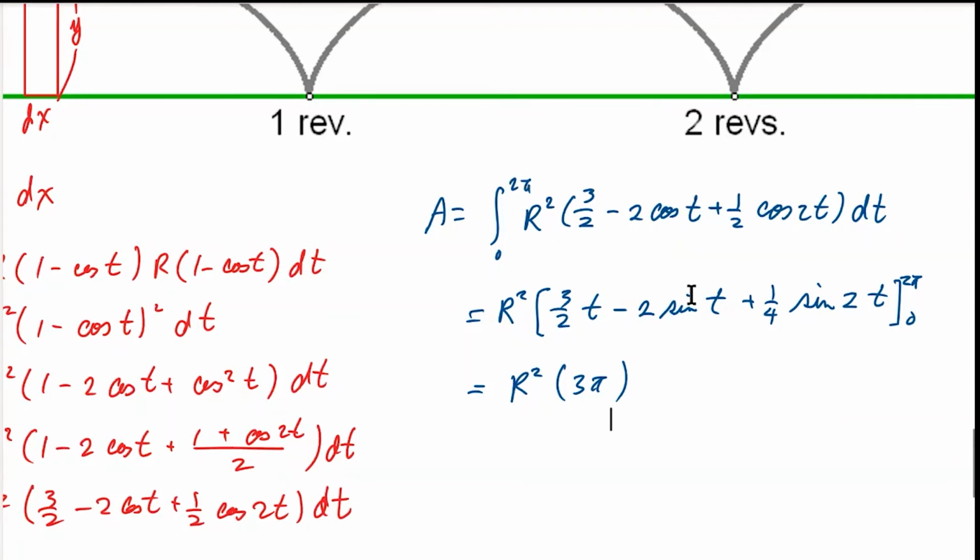They give you exactly the same thing when you subtract. So we don't have to care. These things are 0. This is the only thing that's going to contribute. So what you have is 3 pi r squared. How about that? So you can just take that shortcut. If you do that on the test, it's fine. If you got this much, I'm going to assume that you know what to do from there.